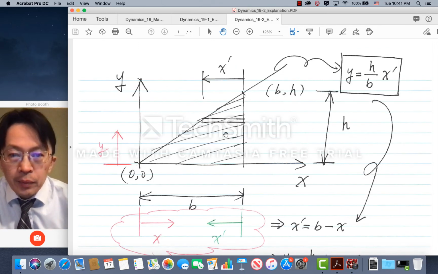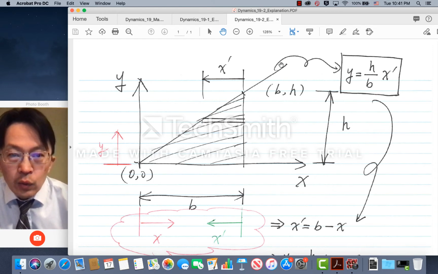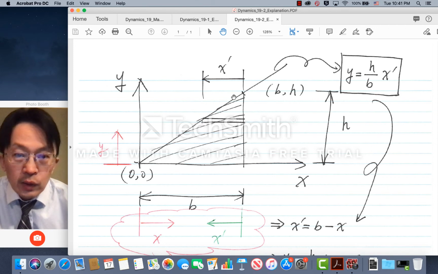Now, remember that in this configuration, we are finding the mass moment of inertia of this volume. Even though this linear equation is shared by this lower triangle part, as well as the air above the slope, they all share the same linear equation.